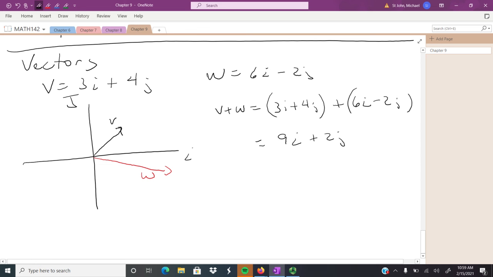Okay. And we could also do subtraction. If I did V minus W, this would be 3i plus 4j minus the 6i minus 2j. And so 3i minus 6i is minus 3i. 4j minus a minus 2j would be 6j.